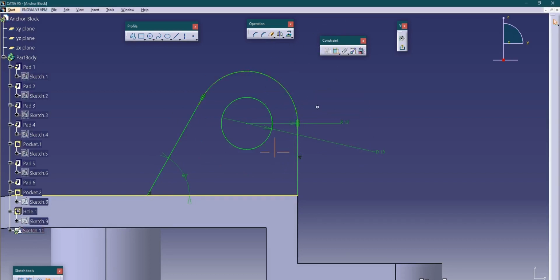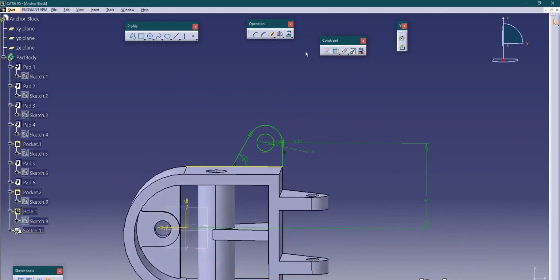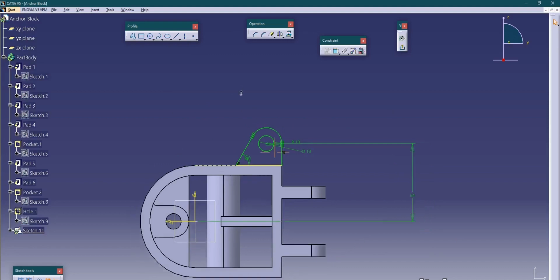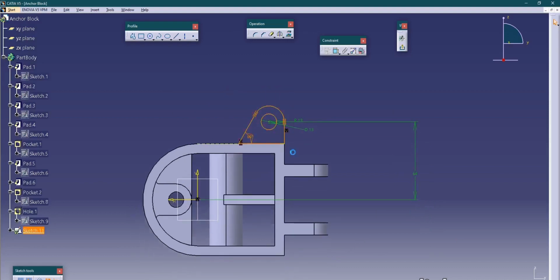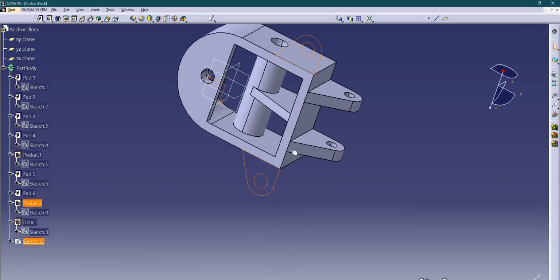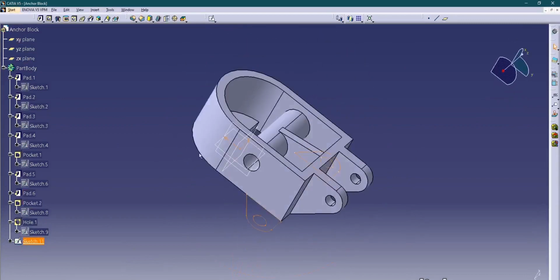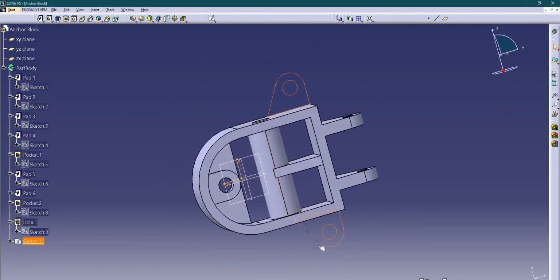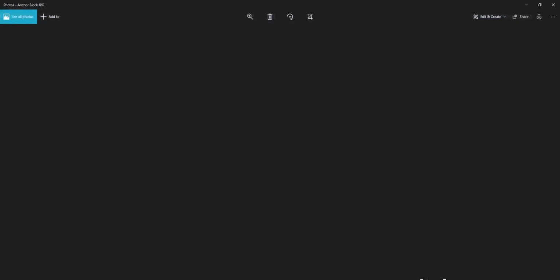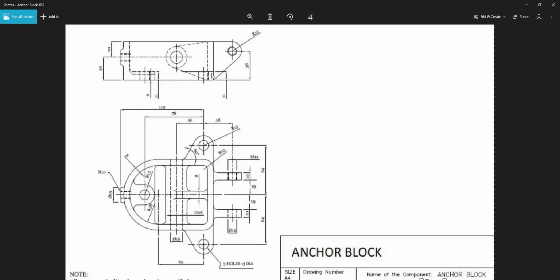Trim and mirror it and this would be 11 mm thick.